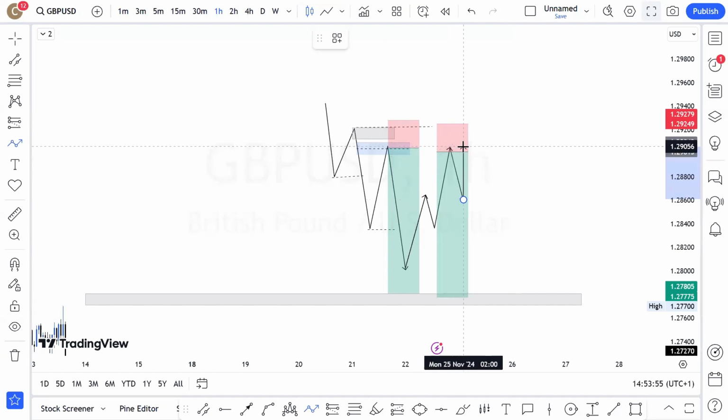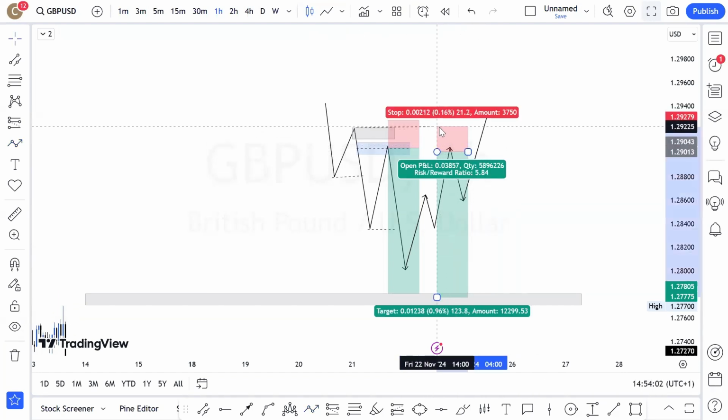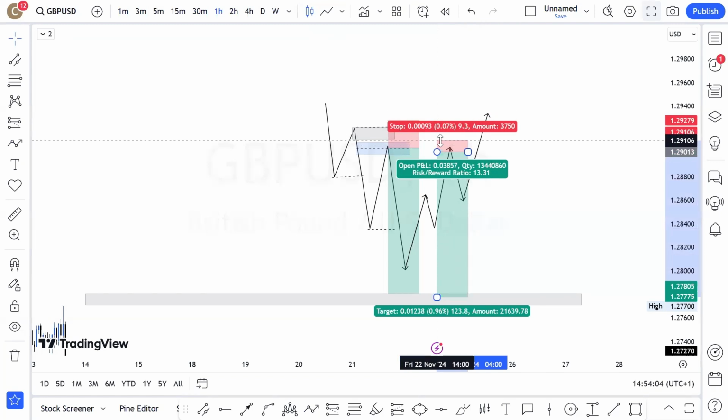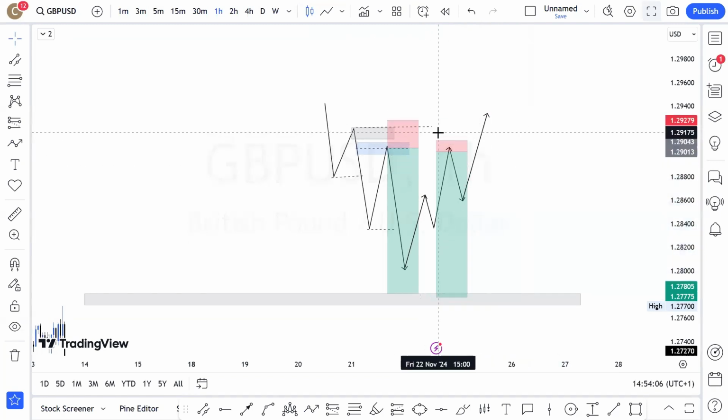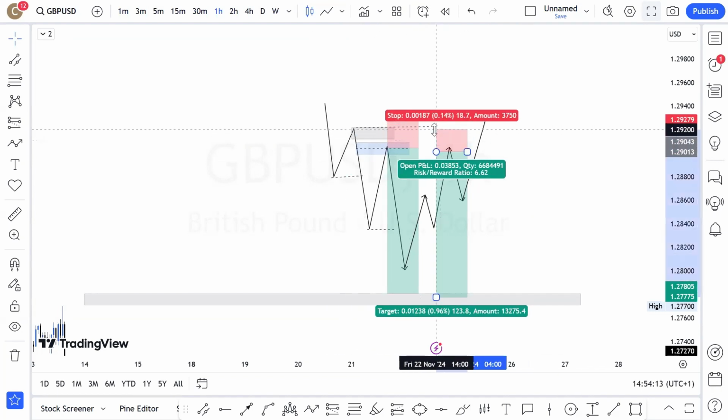Some that entered here, we just put it above here. What I mean by that is, some are going to put it just above the confirmation candle here. Some that have a good account size, we put it above here. So above this high, there is a lot of stop losses.